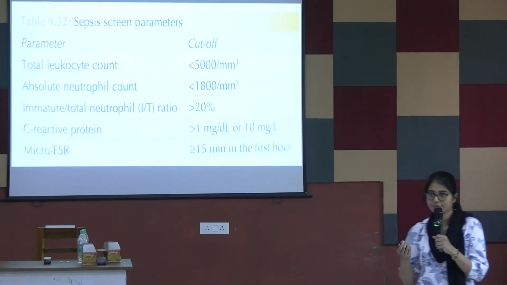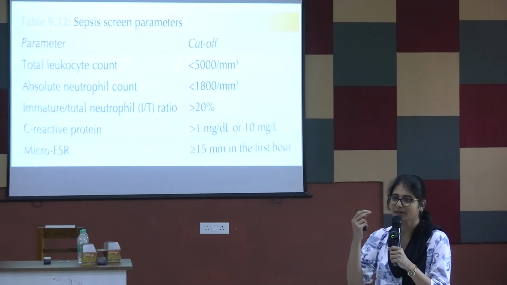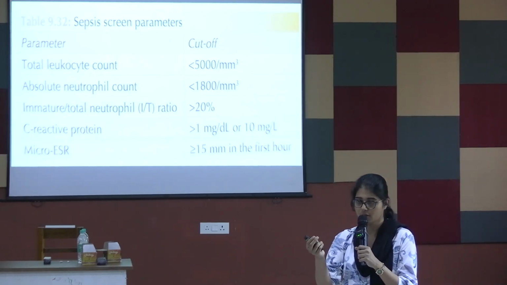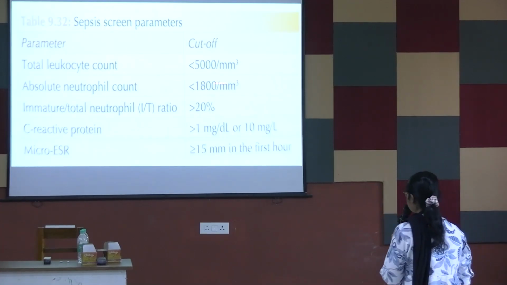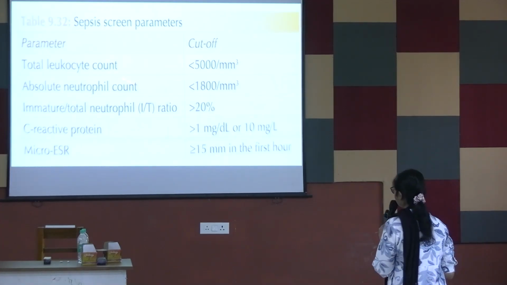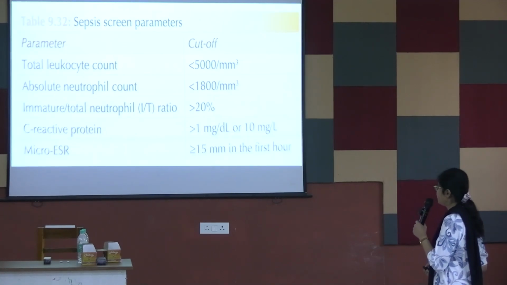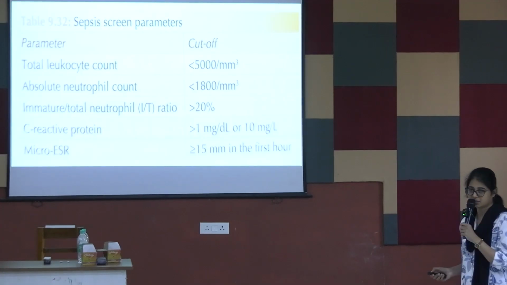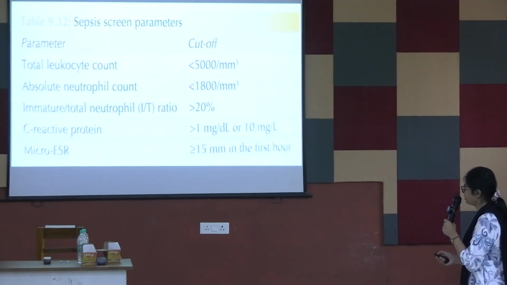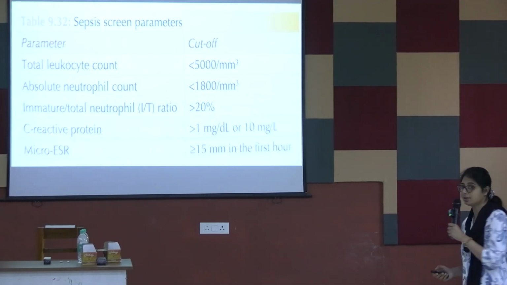In pediatric population or in adults, leukocytosis, neutrophilia, those are indicators of sepsis most commonly. But in case of newborn, it is penia. Leukocyte count less than 5,000, absolute neutrophil count less than 1800, immature to total neutrophil ratio more than 20%. Usually we don't measure IT ratio, we look at these parameters TLC, ANC and C-reactive protein more than 1 milligram per DL.